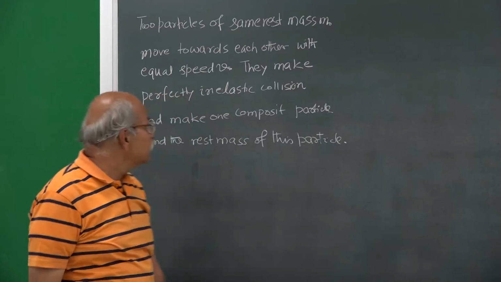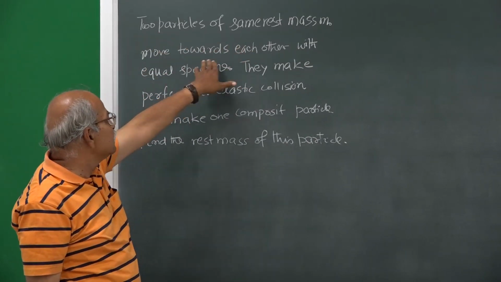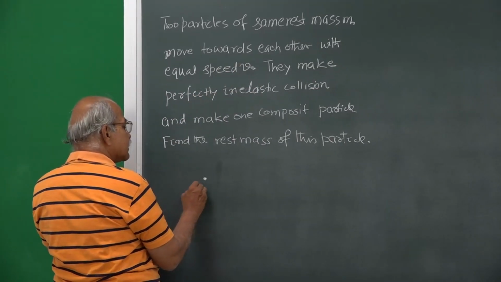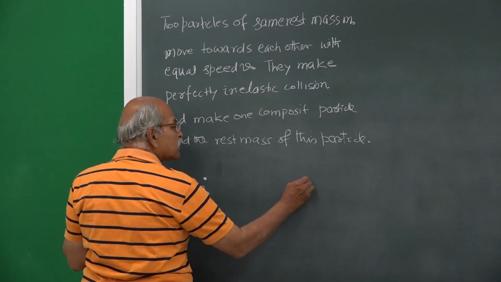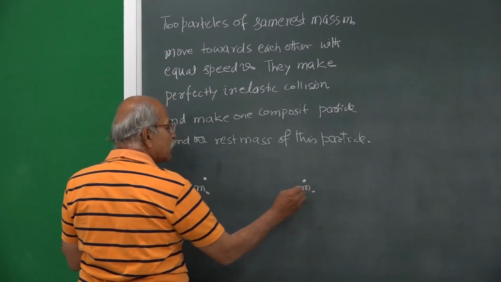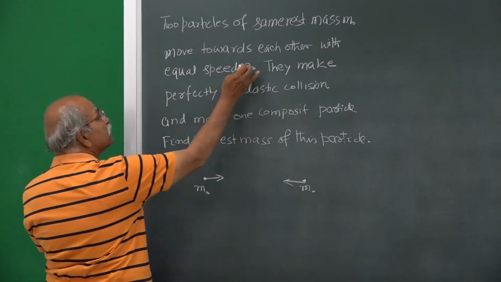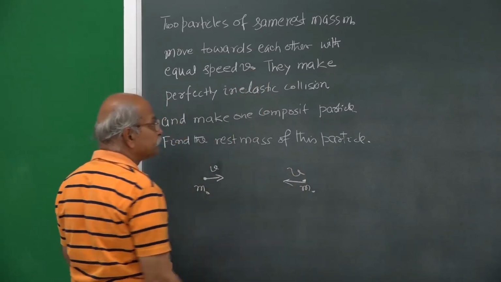So, what is the situation? Two particles of same rest mass m naught move towards each other with equal speed v. So you have a particle here of rest mass m naught, and another particle of the same rest mass, and they are moving with the same speed v. This is v and this is v.